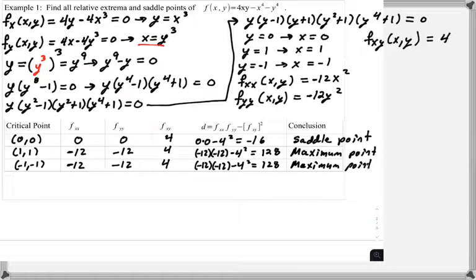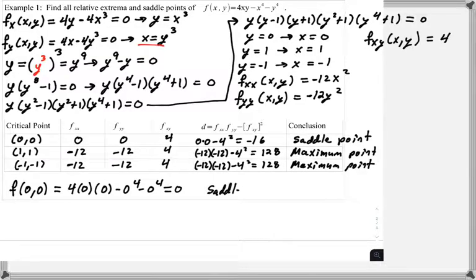Okay. If we wanted to find the z values, then we would evaluate at these. So for the saddle point, if we evaluate this at 0, 0, it's going to be 4 times 0 times 0 minus 0 to the 4th minus 0 to the 4th, so that's going to be 0. So our saddle point is going to be at 0, 0, 0.